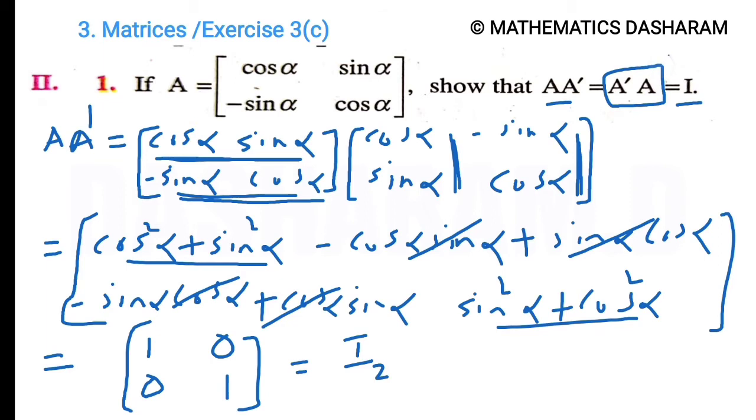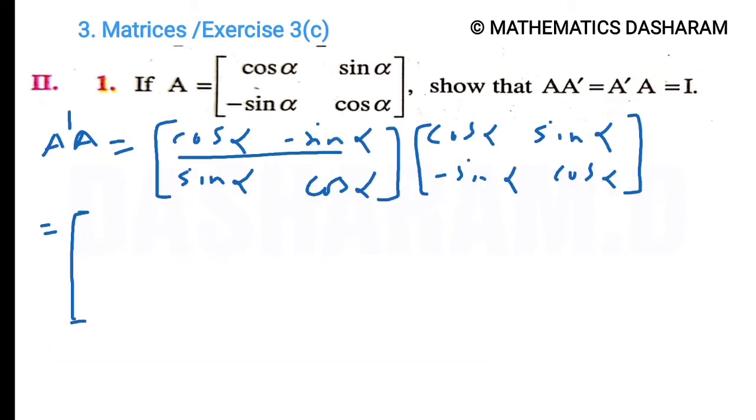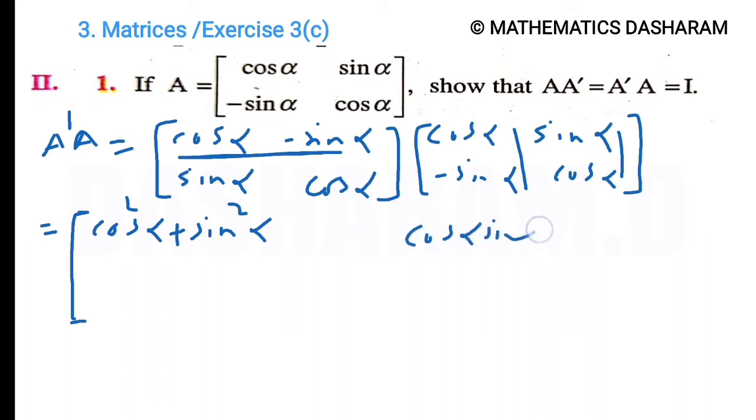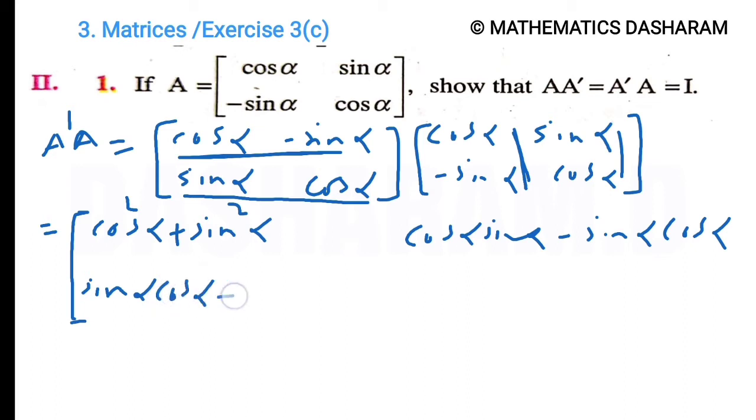Next, A dash into A. Here the first row multiplies with the first column, cos square alpha plus sin square alpha, because minus sin alpha into minus sin alpha is plus sin square alpha. Next, first row with the second column, cos alpha into sin alpha minus sin alpha into cos alpha. Next, second row with the first column, sin alpha into cos alpha minus cos alpha into sin alpha.